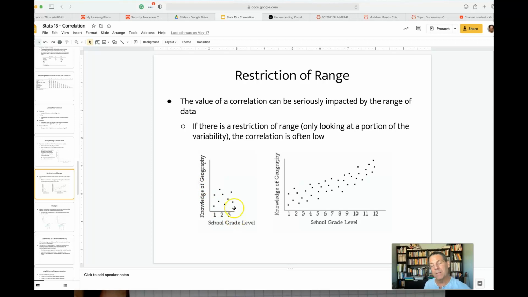But the problem is that when you restrict the range like that, we don't have a lot of range of scores in terms of school grade. You might miss a correlation that actually exists. So if we expanded it out and got all these grades, then you start to see it's a pretty clear relationship.